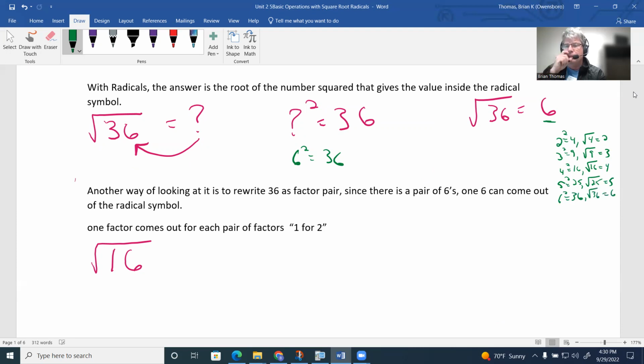I could keep doing that for all numbers. If you square a number, then you can go backwards and take the square root of that number.